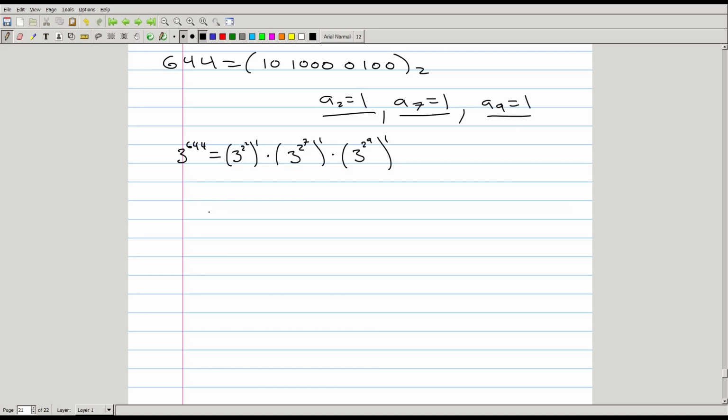And the real trick here, right, is that 3 to the 2 to the power k is the same thing as 3 to the 2 to the power k minus 1 times 2, or 3 to the power 2 to the power k minus 1 squared.